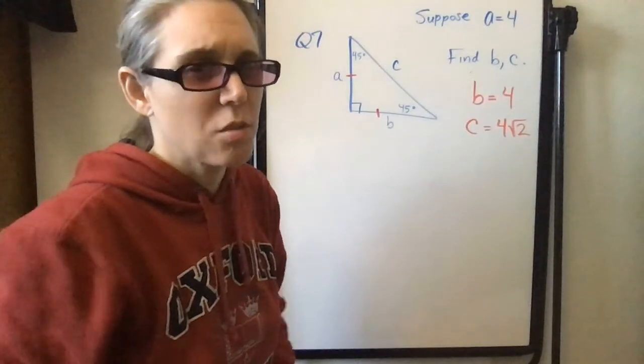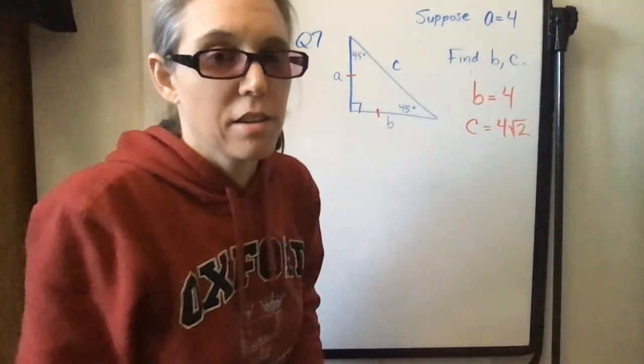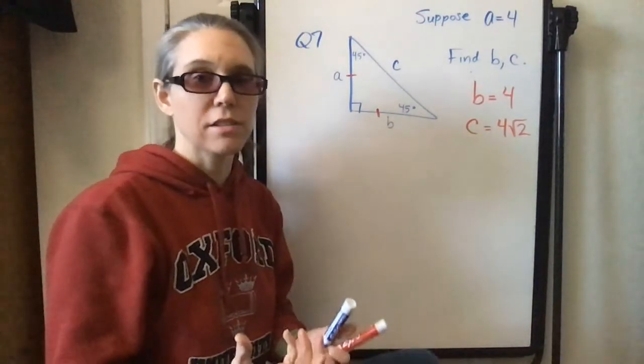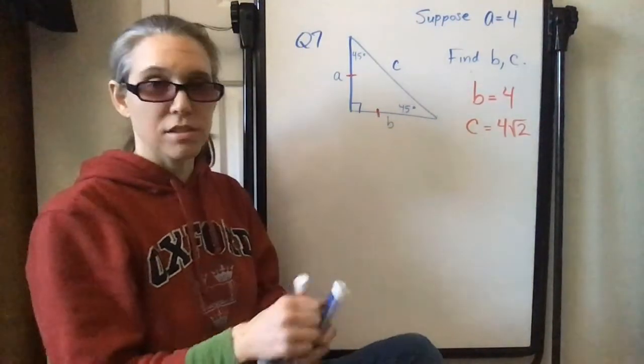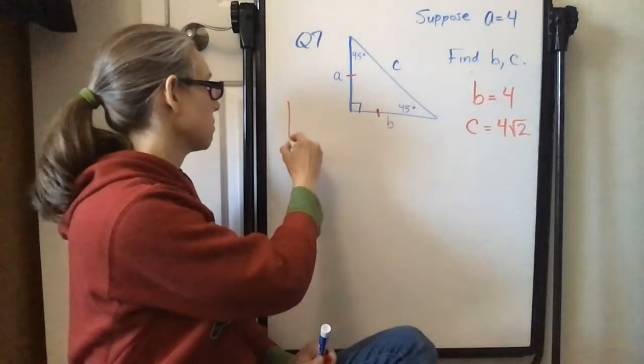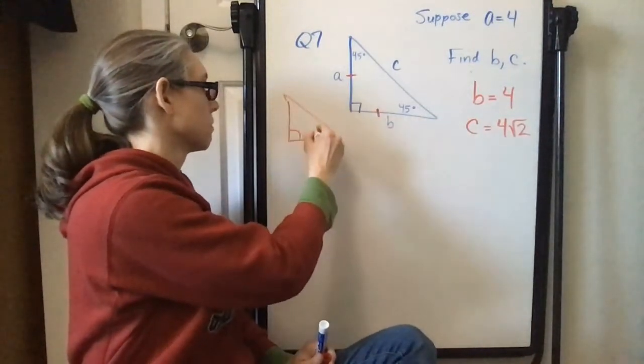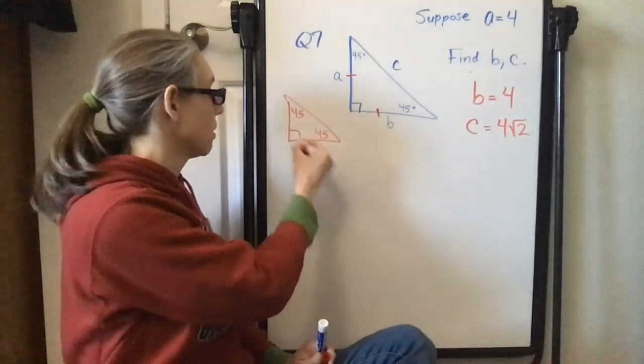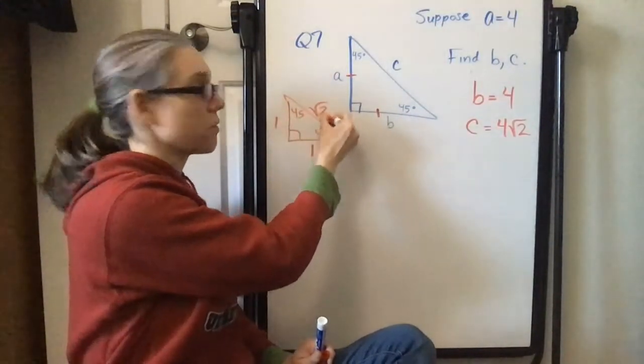Now, if you didn't understand why I was able to do that, then it's better to set up the proportion, because ultimately I want you to have a mastery of understanding. So here's the reference triangle. The side lengths are 1, 1, square root of 2.